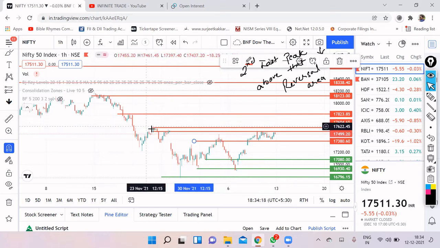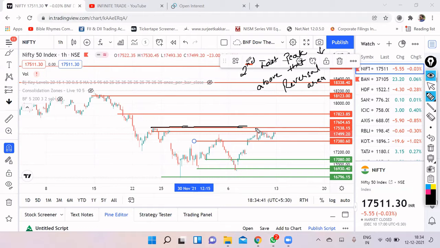The previous peak, we will not consider this because this is more of a zone. This place and this place are quite close to each other, so we can mark this entire area as a zone. When I say zone, that means you can mark the entire area something like this.